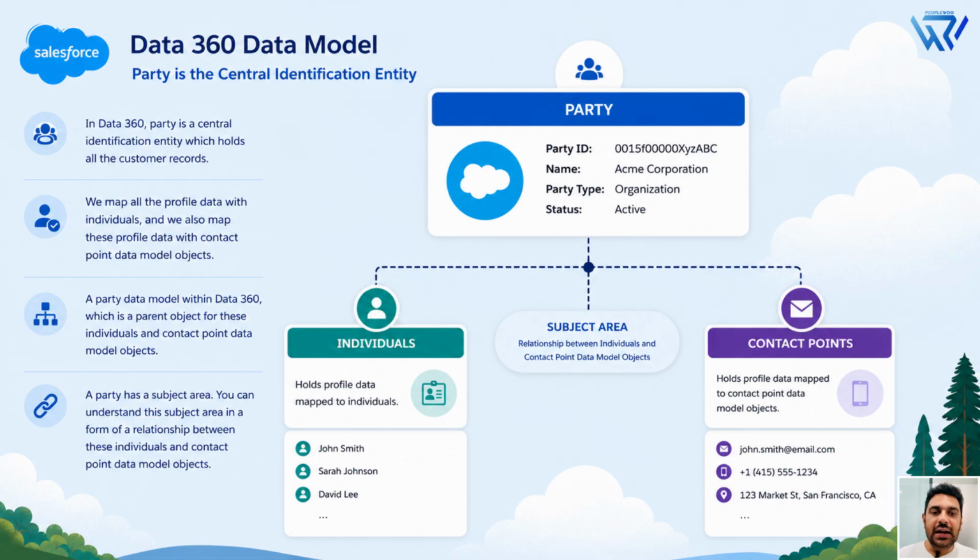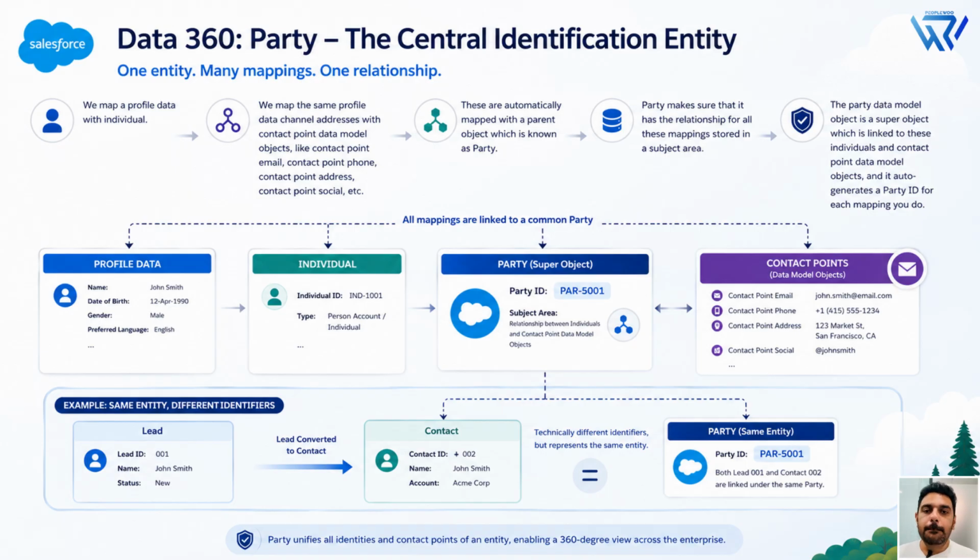A party has a subject area. You can understand this subject area in the form of a relationship between these individuals and contact point data model objects. We map a profile data with individual.